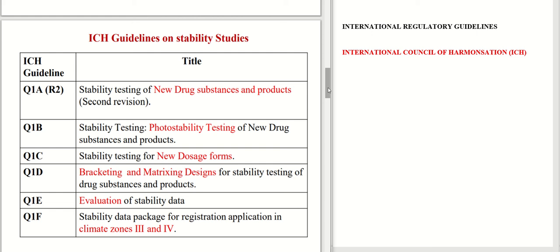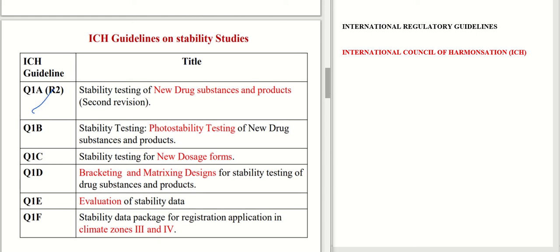ICH guideline Q1A R2 gives the information about stability testing of new drug substances and products. Now we need to know the difference between drug substance and drug product. Drug substance is the pure drug molecule, and the drug product could be a pharmaceutical product or cosmeceutical product which involves the drug molecule and excipients to get a defined dosage form.